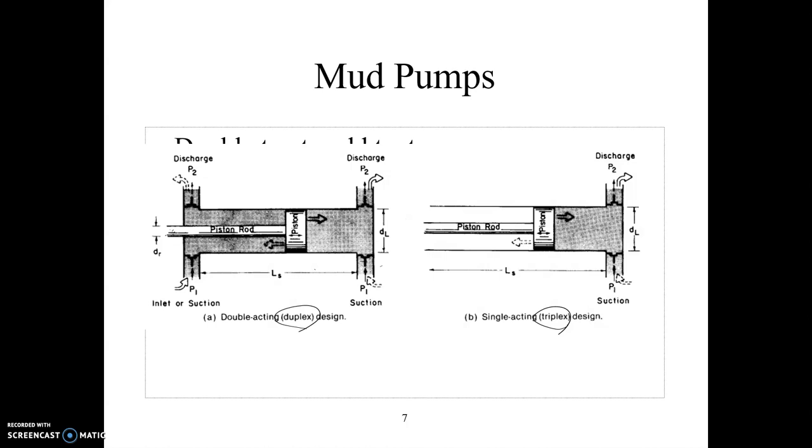For a double acting pump, we define these parameters: the piston rod diameter, the liner diameter, and also the stroke length. The liner is the same as the cylinder that I mentioned here, so we call it the liner diameter. The stroke length is the length of this cylinder.